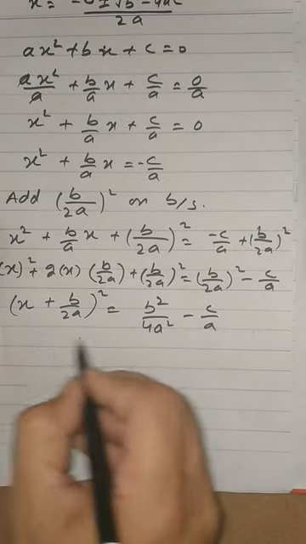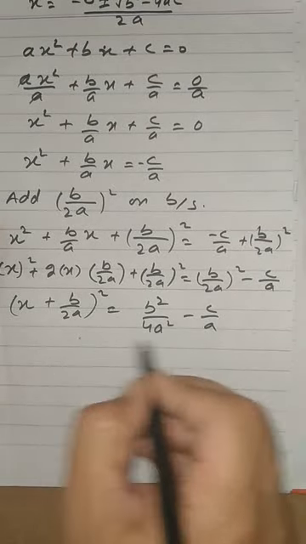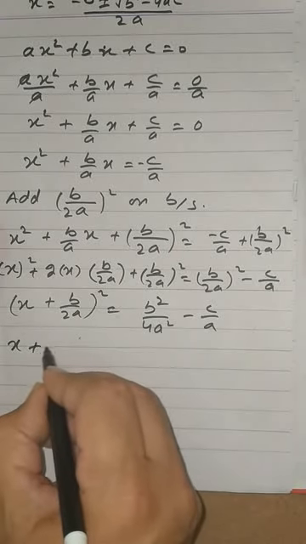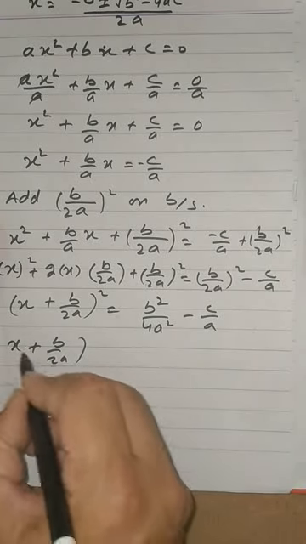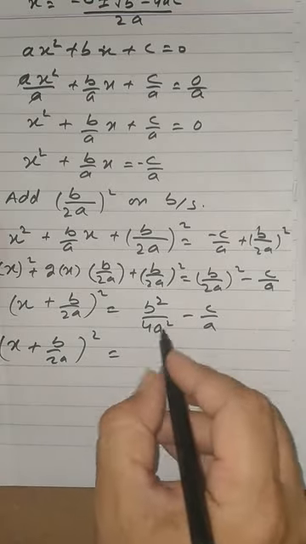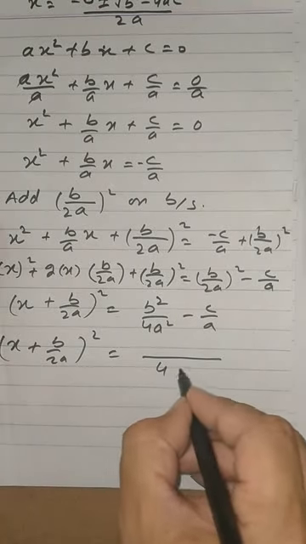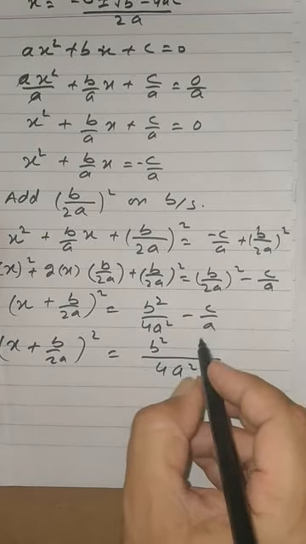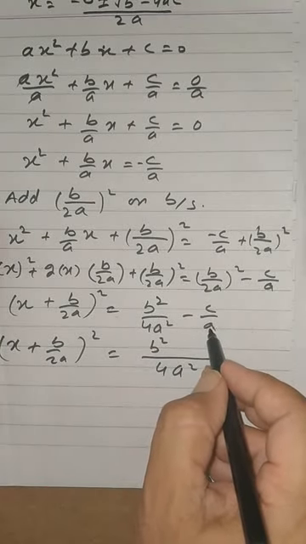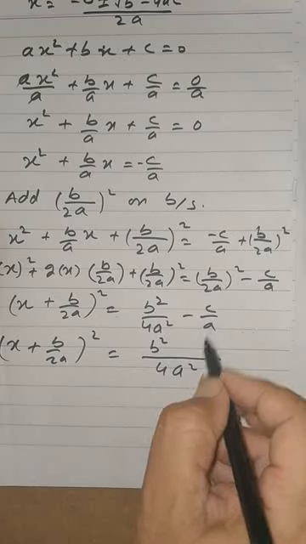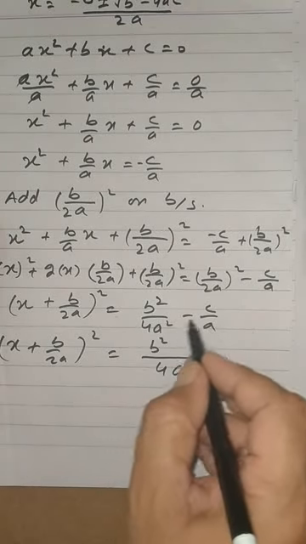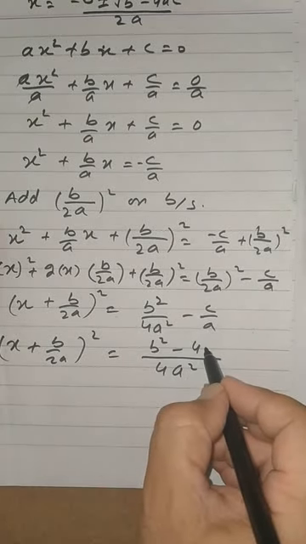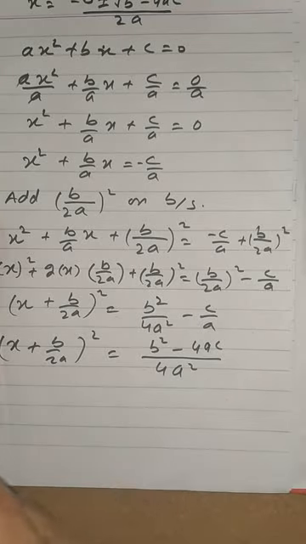Now take the LCM. x plus b by 2a whole square equals, here the LCM is 4a square, so write the b square in its place, and when we multiply 4a with this a, we get 4a square. Multiply 4a with this c, we get 4ac.